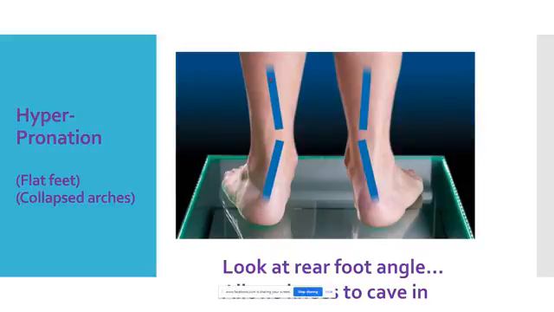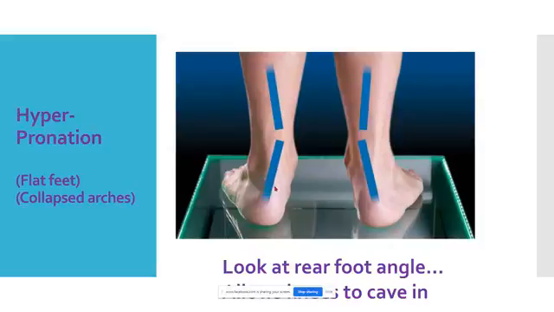If you take a picture of the back of your leg and look at where your calf muscle comes down, that Achilles tendon that we talked about, where it comes down and attaches on the ankle, you can see it angles out right here. That's a sign that the arch or the foot is collapsing.